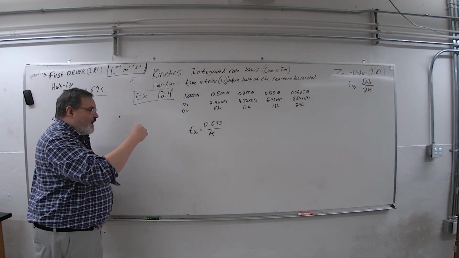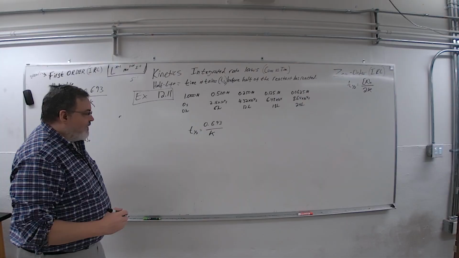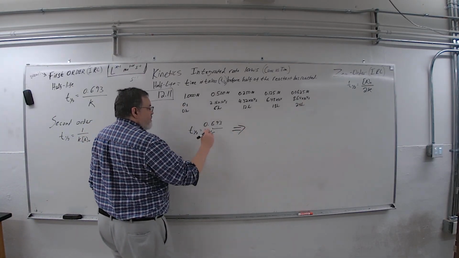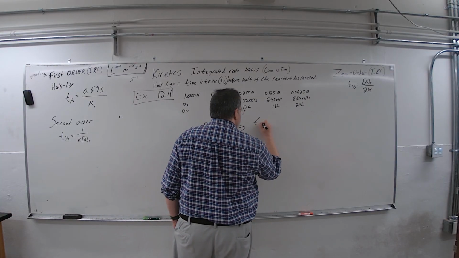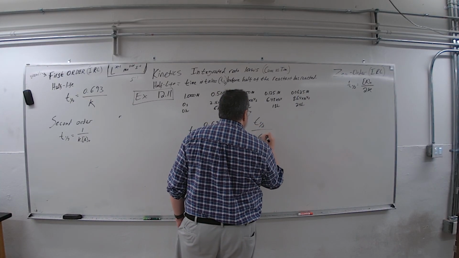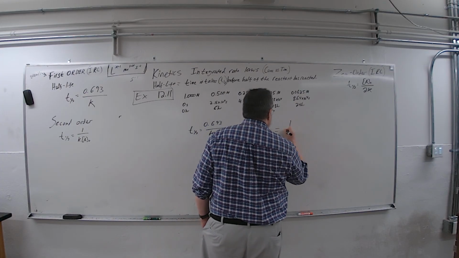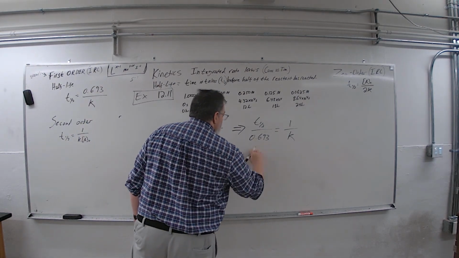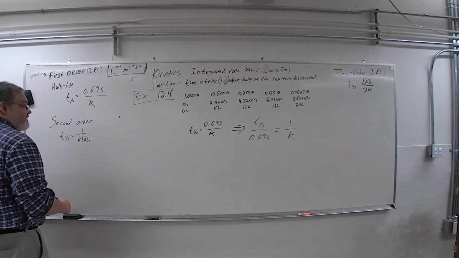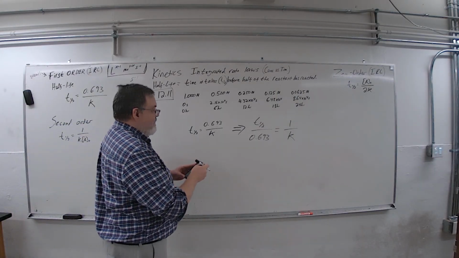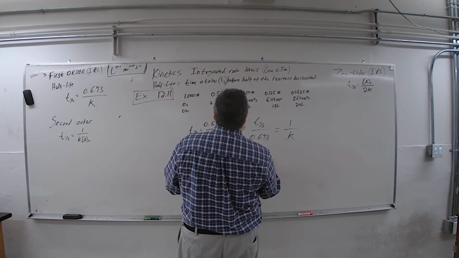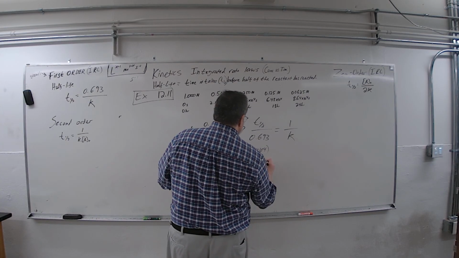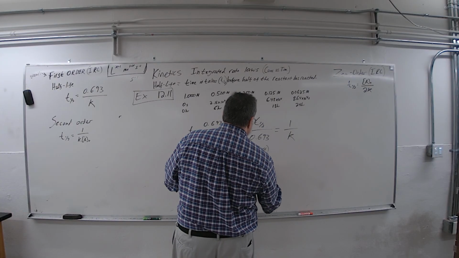I gotta solve this for K. Let me think real hard now. I divide both sides by 0.693. So now I'm going to do 2.16 times 10 to the 4th over 0.693.